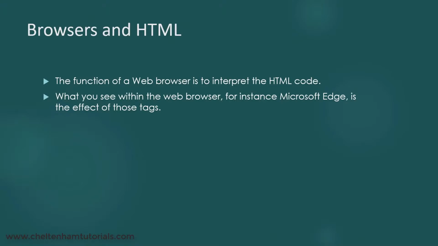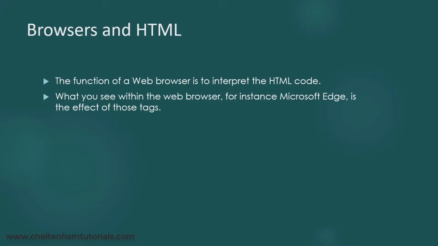Now browsers and HTML: the function of a web browser is basically to interpret the HTML code, and it'll display formatted text according to what the code says. It might display an embedded video or a picture. It's important to realize that the browser just looks at the HTML code, interprets it, formats it and displays it on the screen.